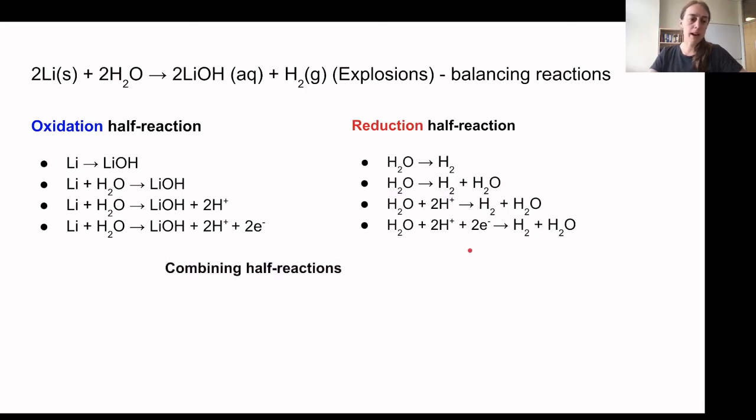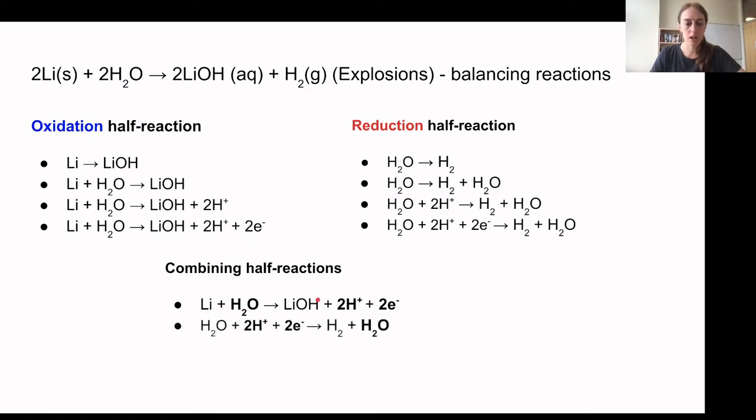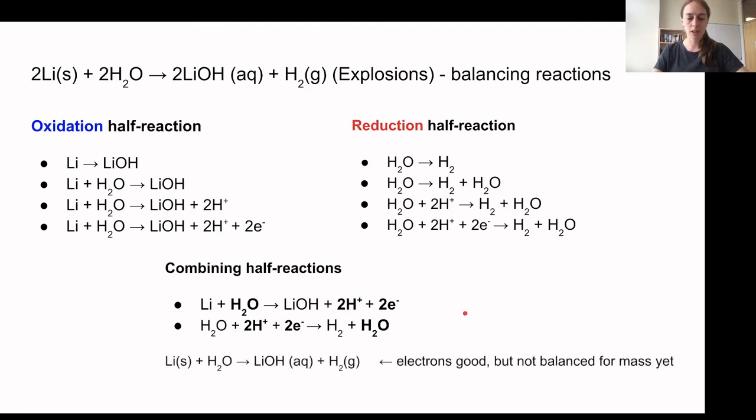So now that we have our half reactions balanced, we can combine them together. So again, here is our oxidation half reaction and our reduction half reaction. And we can see that our waters are canceling out on either side of our equation, our hydrogens are canceling out, and our electrons are canceling out.